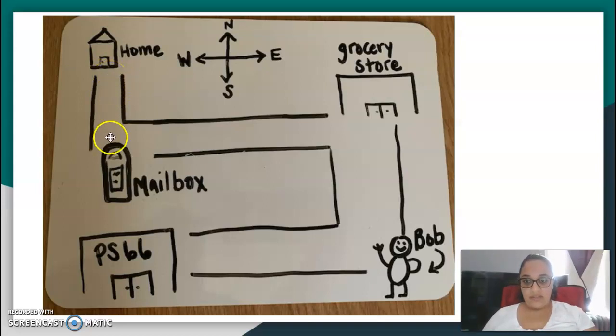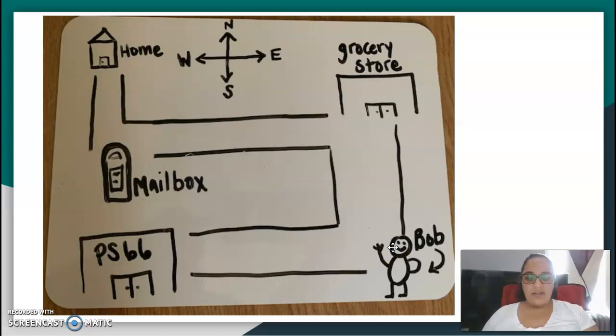So this would be the route we would be going. Right. So you would start at home, you'd go south to your mailbox, then east to the grocery store, and then south to Bob. Good job. You guys are excellent.